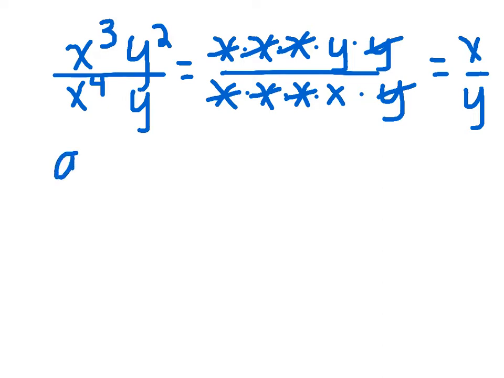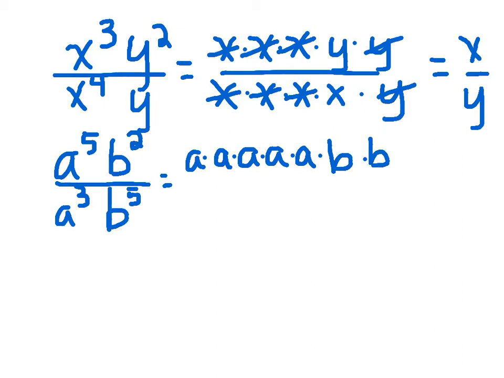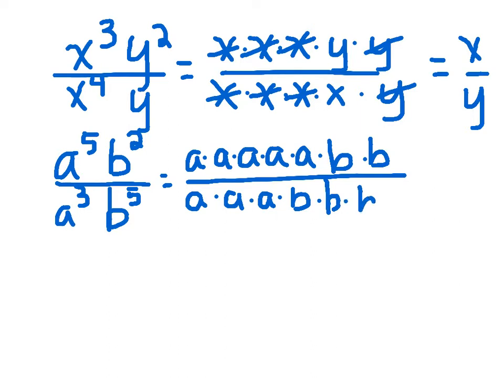If I say a to the fifth b squared over a to the third b to the fifth, even though this takes a lot of room, there are 1, 2, 3, 4, 5 a's multiplied together when I open up that accordion, times 2 b's, b times b, and then I have a to the third, b to the fifth, 1, 2, 3, 4, 5.